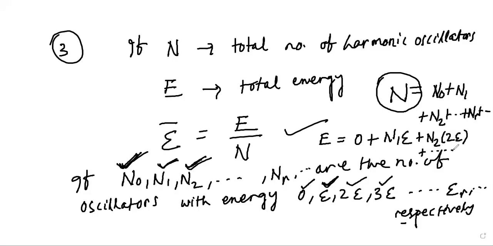This way you keep on adding for all these values. Similarly, for r, you have nr times rE. So that will be the total energy E. So the total number of oscillators and the total energy can be written this way.